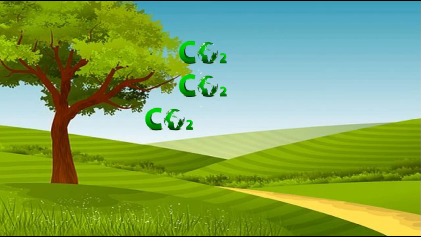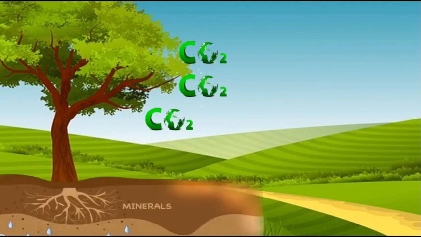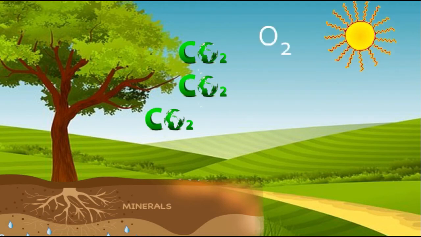Now, the trees use minerals from the soil and water, carbon dioxide, and sunlight. Once again, carbon dioxide from the atmosphere, water, minerals, and mainly sunlight, and give oxygen to the atmosphere.